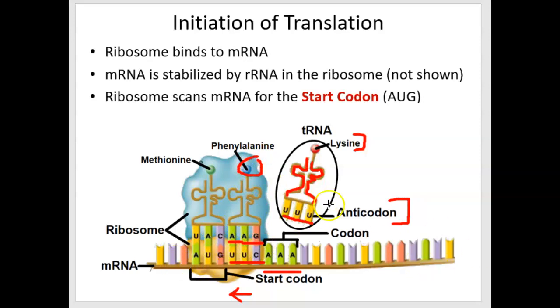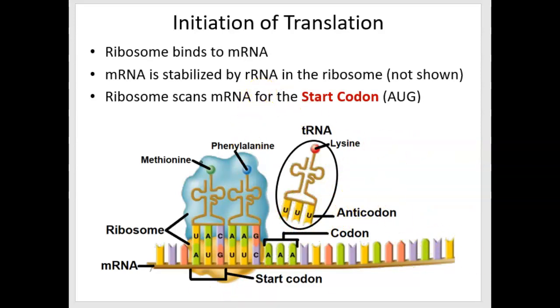And that's how we know what the genetic code is. Somebody has figured out what the codon codes for. Like AAA codes for lysine, all because of this intermediary transfer RNA doing its job correctly.